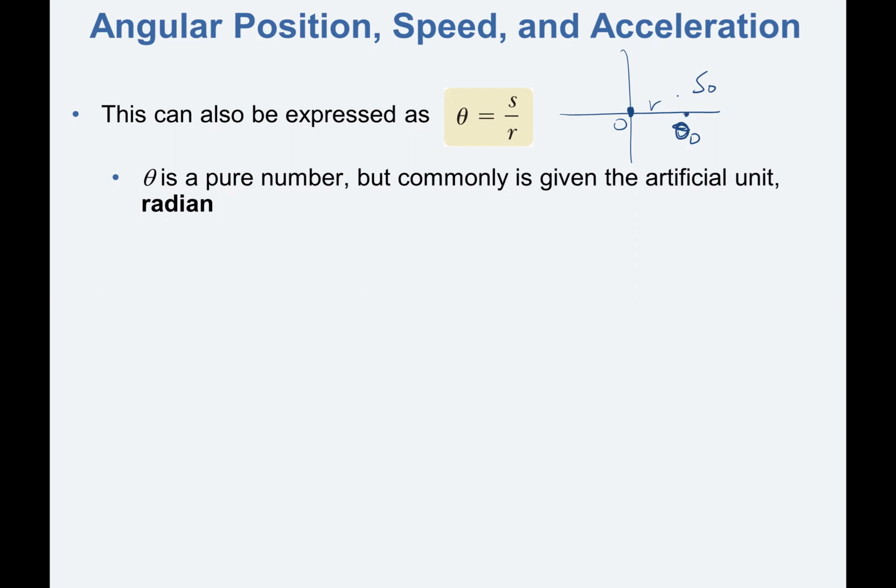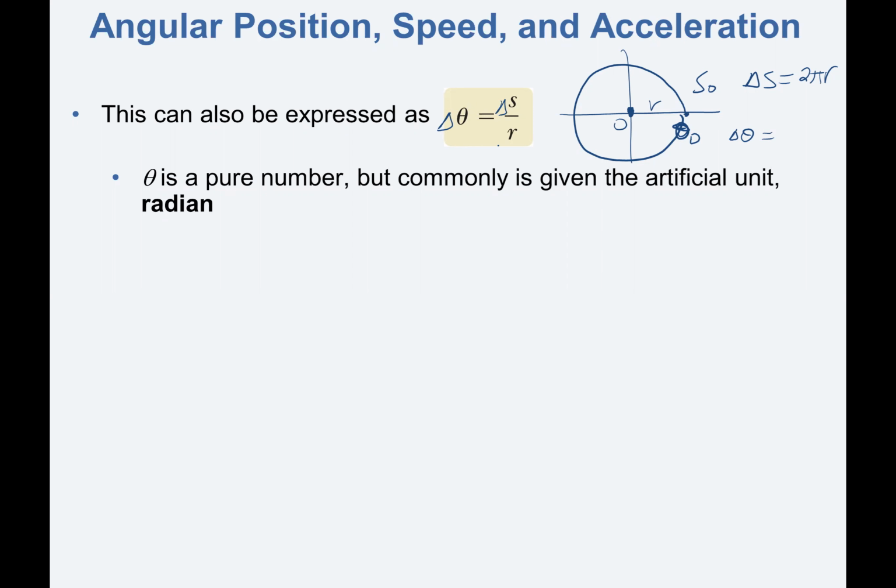So for example, if you undergo this displacement, that means there's a delta S, which is the linear displacement. What is the linear displacement? Well, for one cycle, we learned that it's the linear distance covered, and that's the circumference, 2 pi times R. Okay, so that's my delta S. Then how about the delta theta? You can see right here, I can put delta here and delta on the other side, and it becomes the same thing.